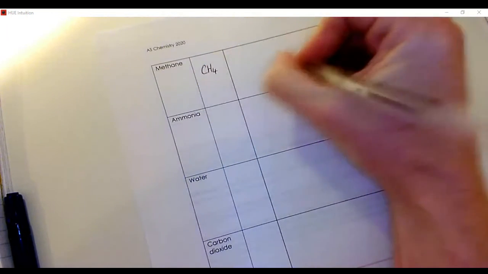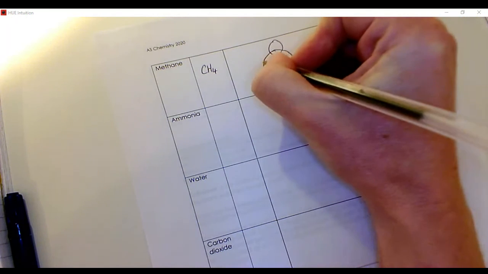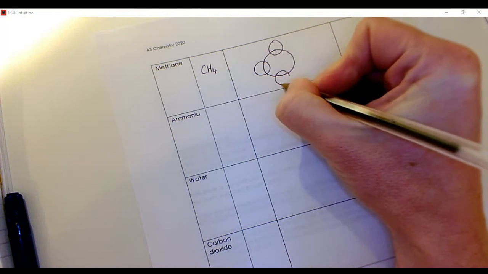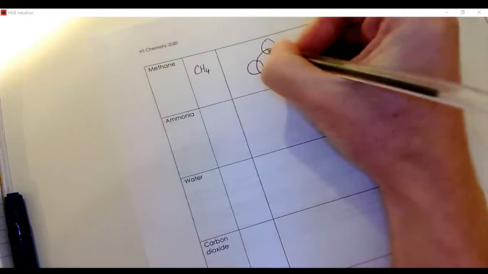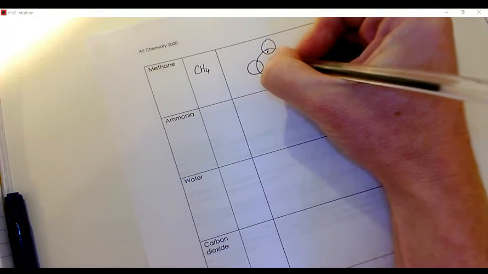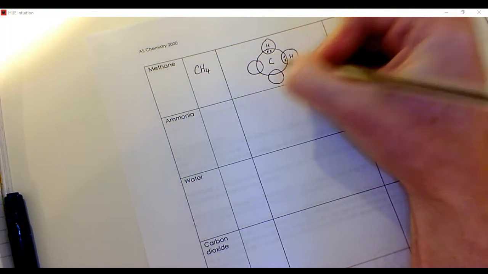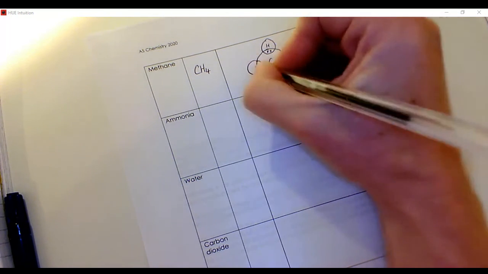So methane, CH4. Actually, there's a very good video on YouTube called Free Science Lessons. If you look up Free Science Lessons, covalent bonding, it's GCSE, but he talks very well through all of these molecules. If you need some revision, they're very short videos, about 4 minutes long each, and I suggest you work through those.